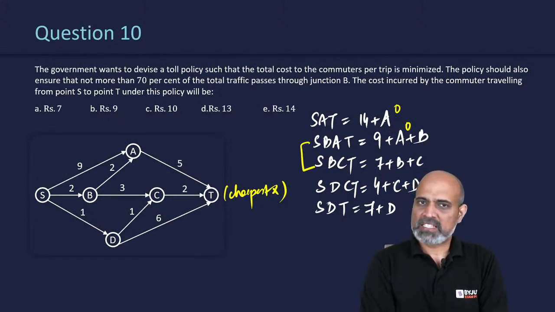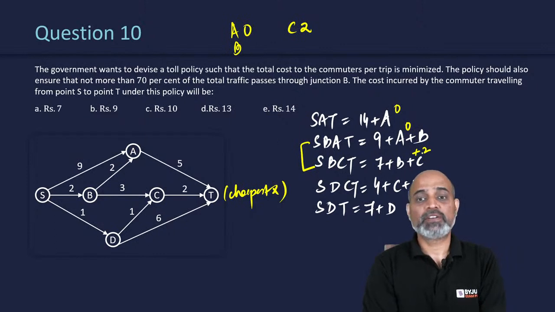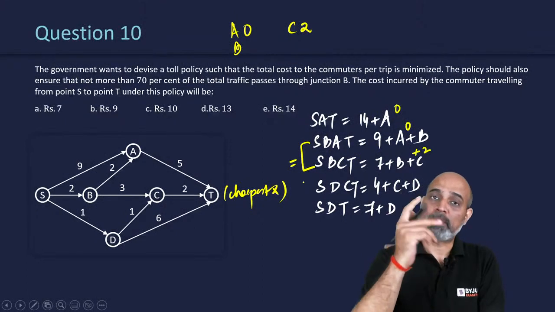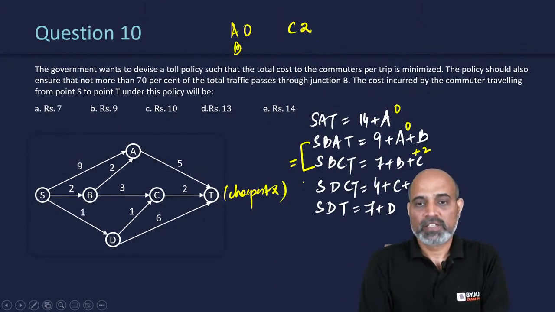B is same. So can I say C is going to be 2? So A turns out to be 0, B का अभी नहीं पता, C turns out to be 2, right? Why? Because we want them to be equal. बराबर होंगे, so that at least whoever tries the SBCT will follow that as well. Okay.